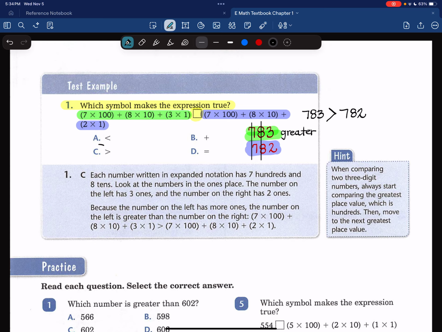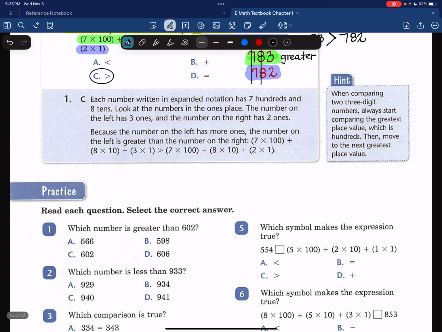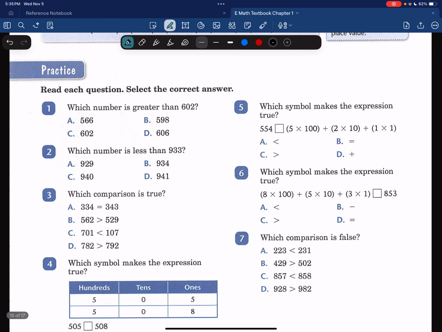And so that would be answer C as in Charlie. I would encourage you to use your scrap paper on these. I would also encourage you to use number lines as needed.